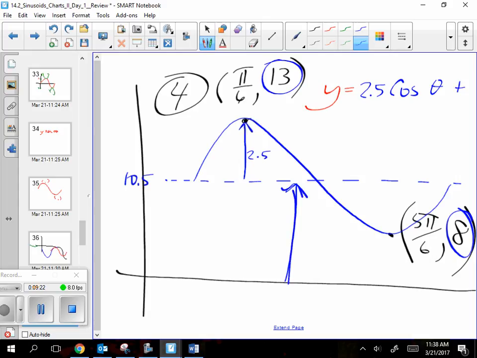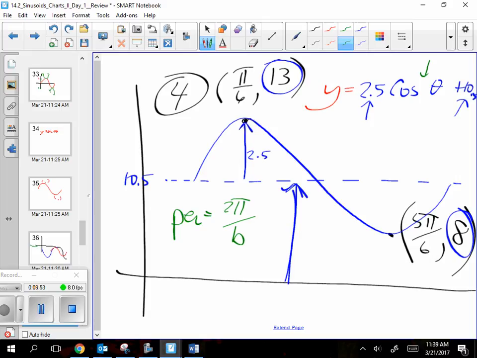That's worth half a point for this, the 10.5 there, half a point for having 2.5 here. And the last half a point is the hardest part of it all, which is this. That B term. We have a formula for figuring that out. Period is 2 pi over B. Now, did I tell you B?